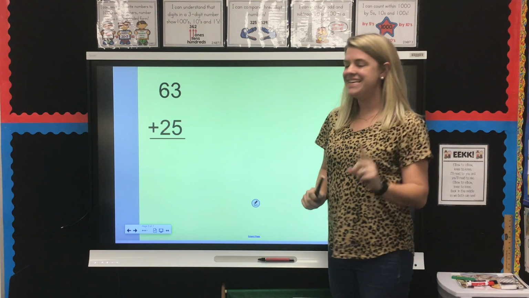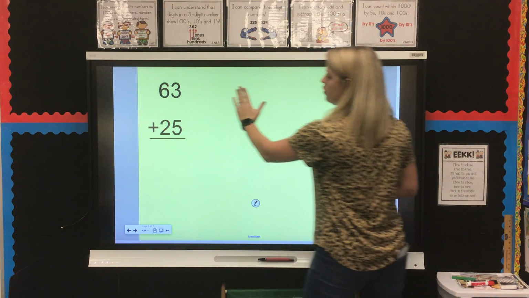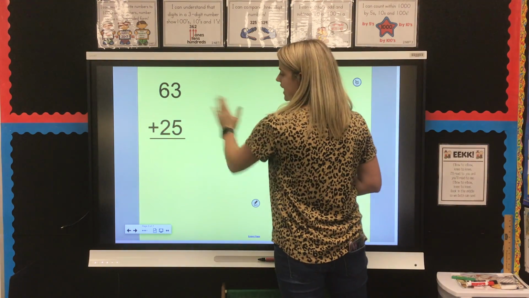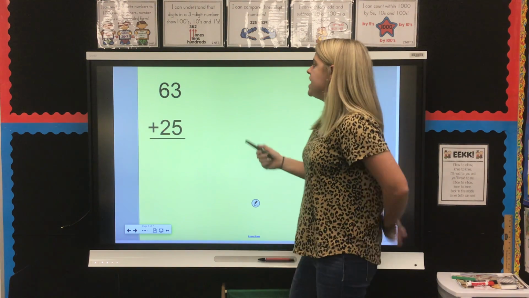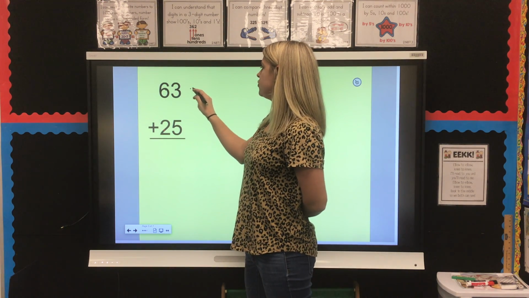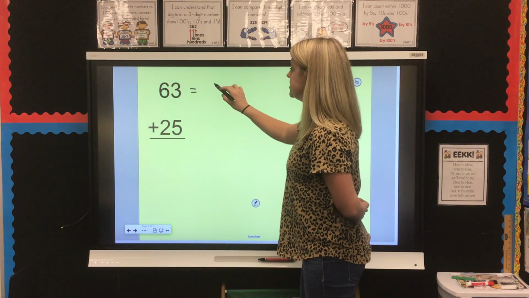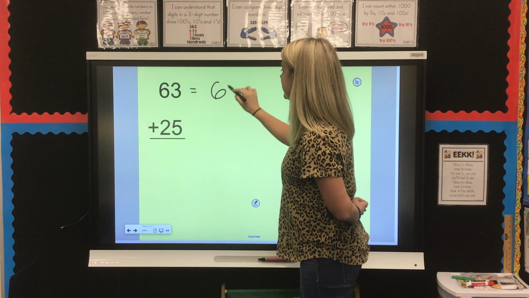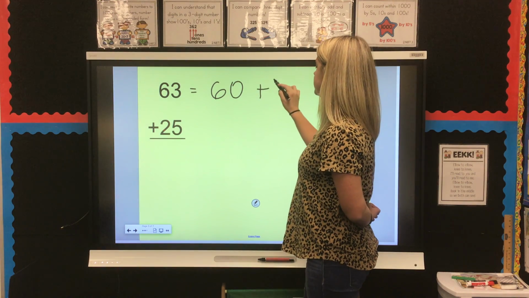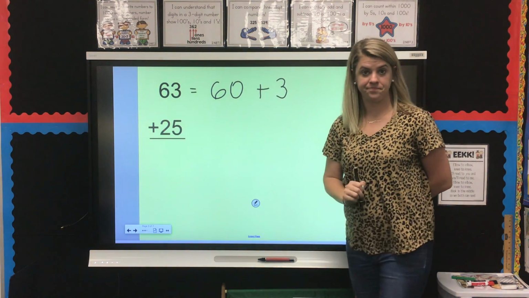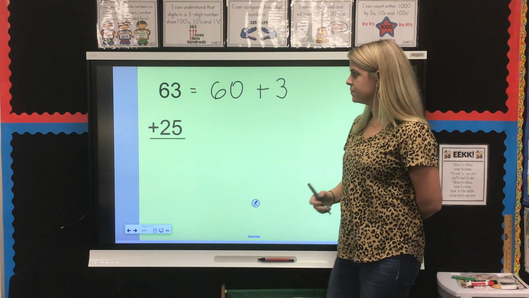Okay, now we're going to work in this area beside our problem, okay? Now, I know that 63 can be decomposed into tens and ones. 63 is equal to 60 plus 3. Okay?